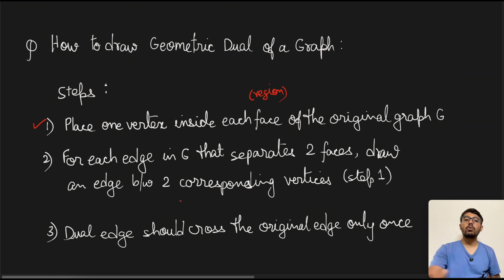Now since we know what a geometrical dual is, let's try to understand, right, what exactly are we trying to build out of this. It is kind of a mirror image, not exactly, but in terms, a mirror image that is built by drawing new vertices and edges directly over the original layout.